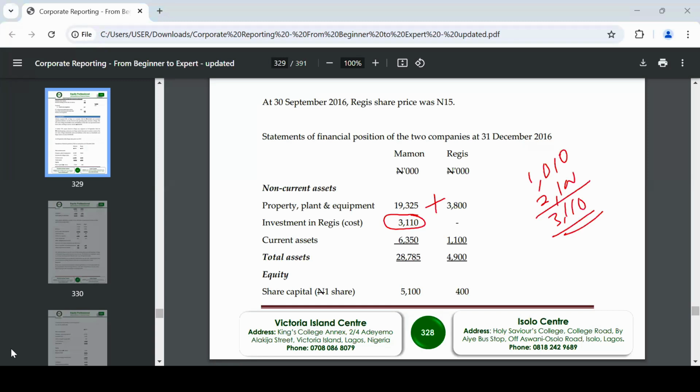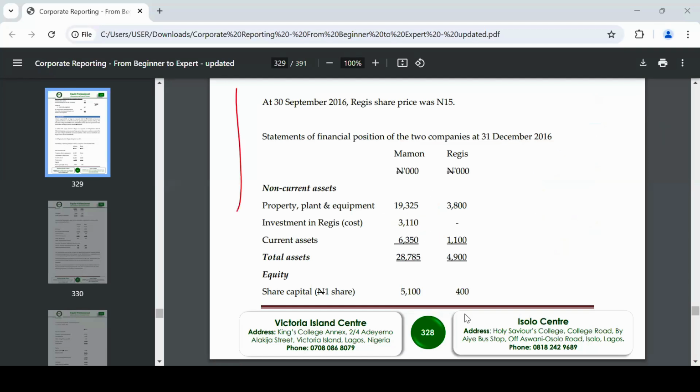But we are going to cancel this out. In canceling it out, we would have goodwill of 1,400 that we calculated earlier. And then we're going to have brand of 285 after adjusting for additional depreciation. The current assets will just be added straight. That would have dealt with everything on the asset side.